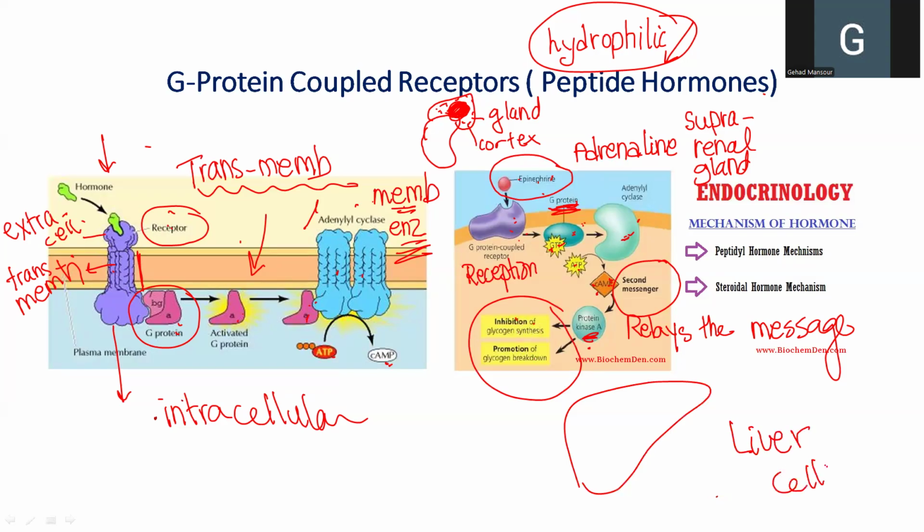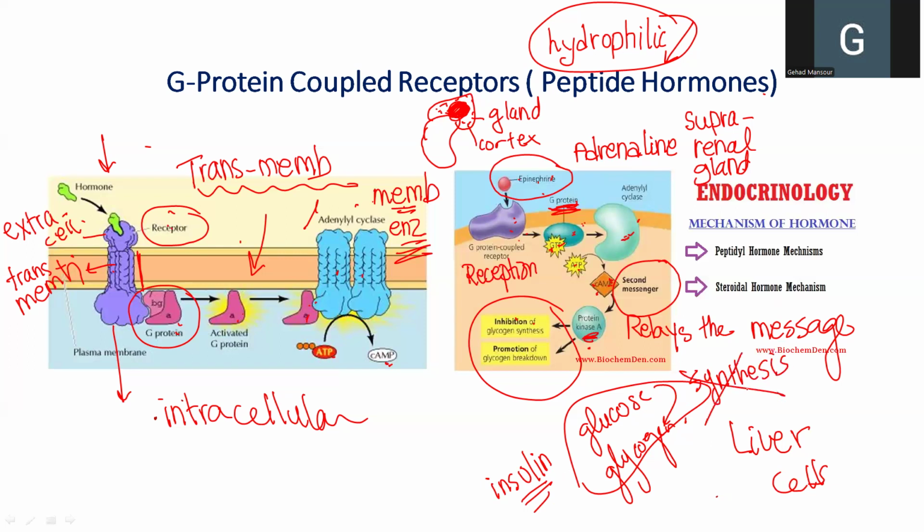So you know that in liver cells, we have conversion of the extra glucose into glycogen. And this occurs under the effect of insulin. But adrenaline or epinephrine is an anti-insulin hormone. So adrenaline will prevent this conversion. This conversion is called glycogen synthesis, making glycogen. Why does adrenaline prevent it? Because it wants to do the reverse.